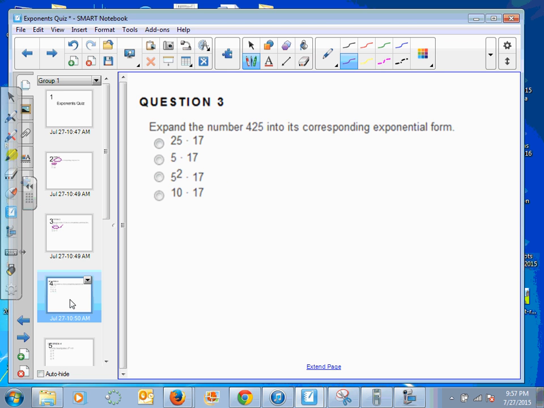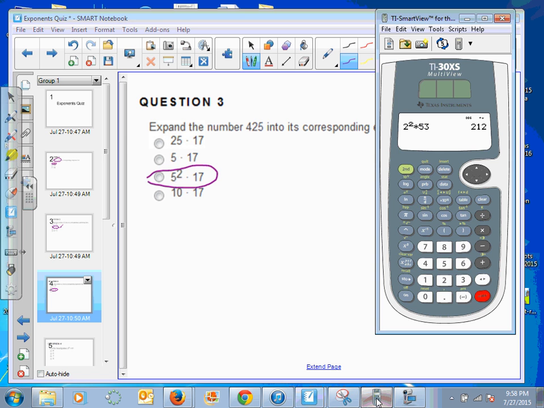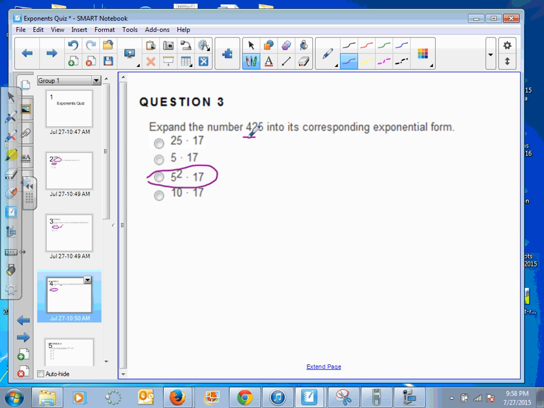Okay, expand the number 425 in its corresponding exponential form. So again, we're looking for something with exponents. I'm guessing it's going to be this one, but actually, I'm going to start with choice A. Let's see, you've got 25 times 17. Okay, so you do get the 425. But the difference is that 25 can be factored a little bit more.